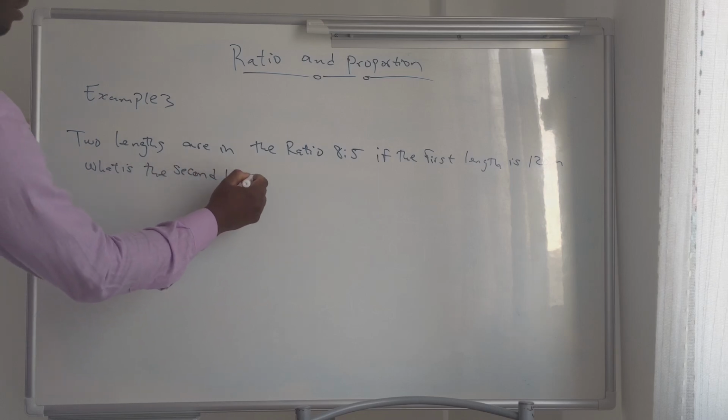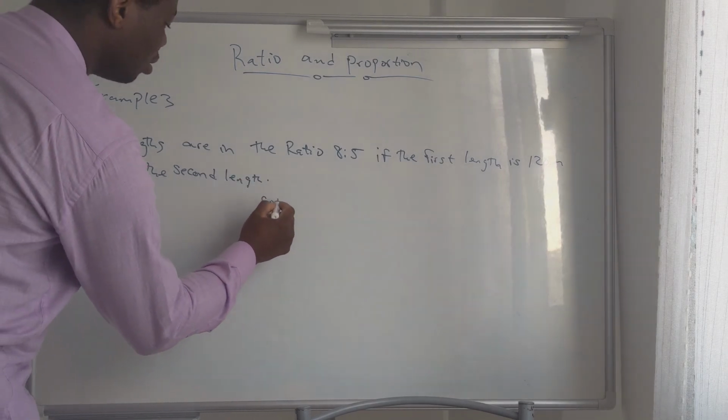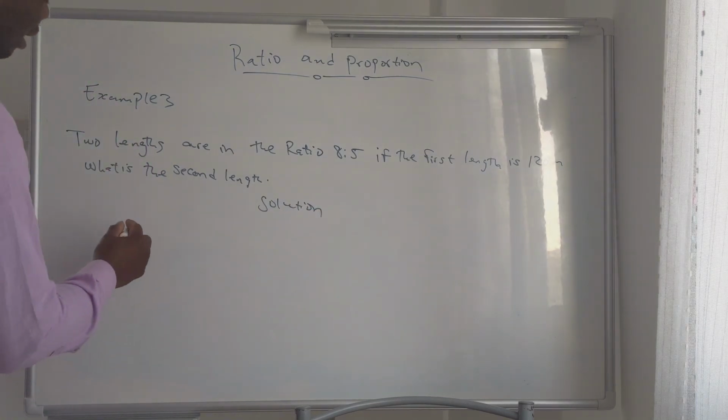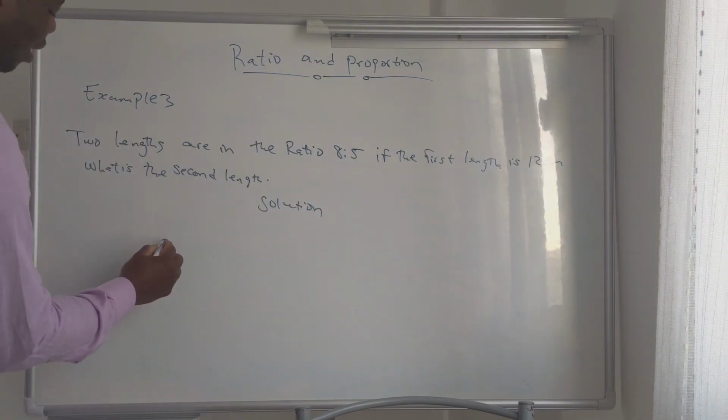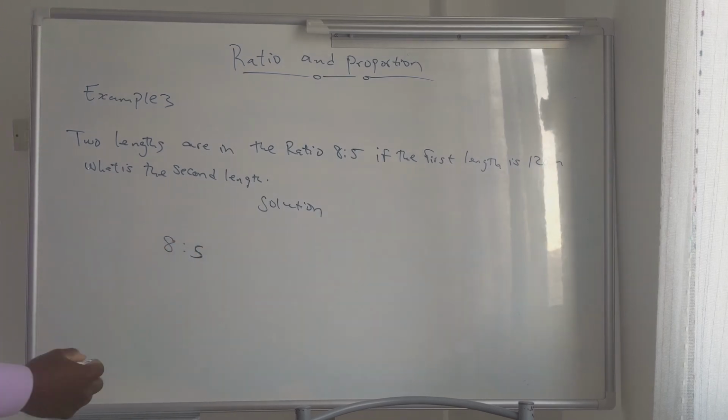You're finding the second length. So to solve this, we can say the first length and second length have a ratio of 8:5.